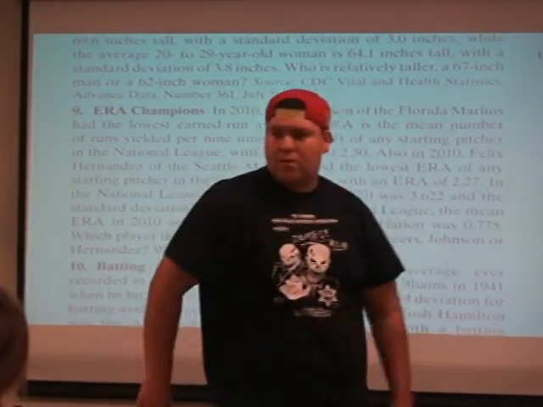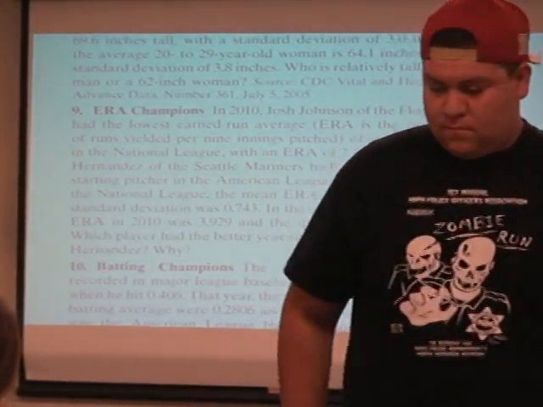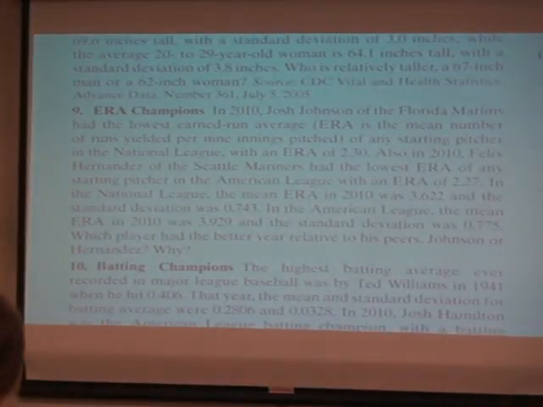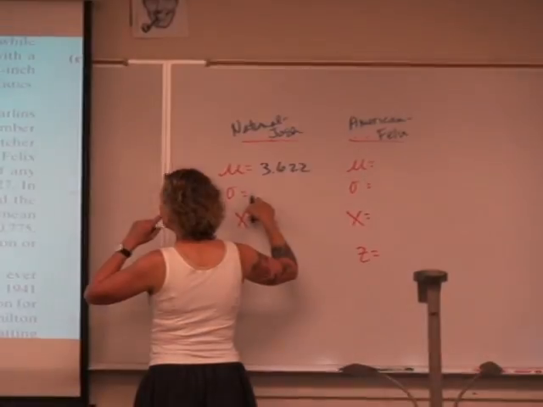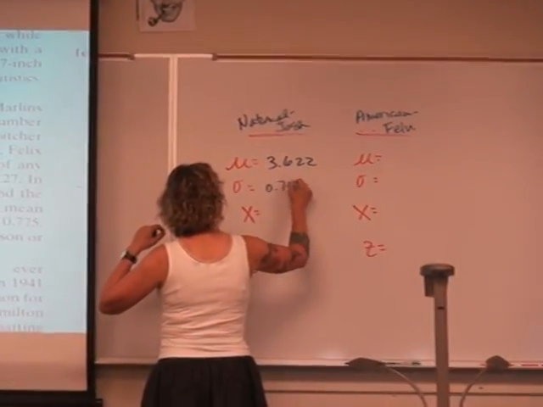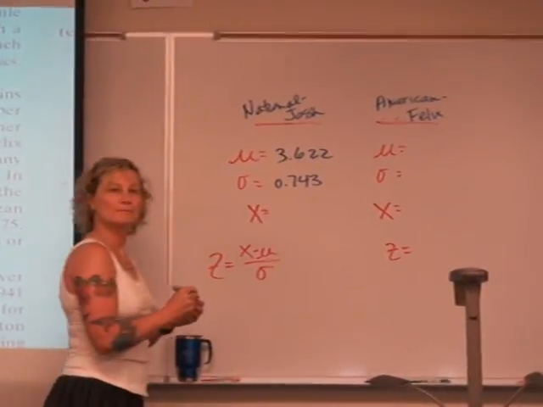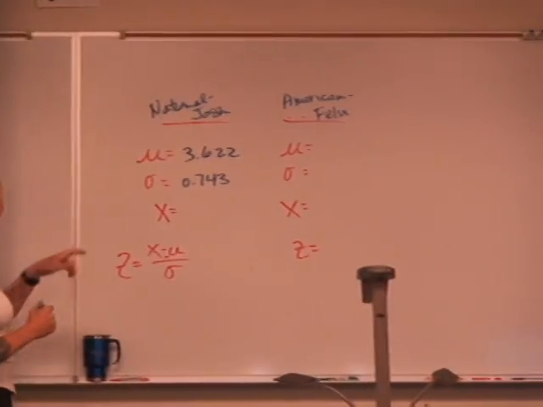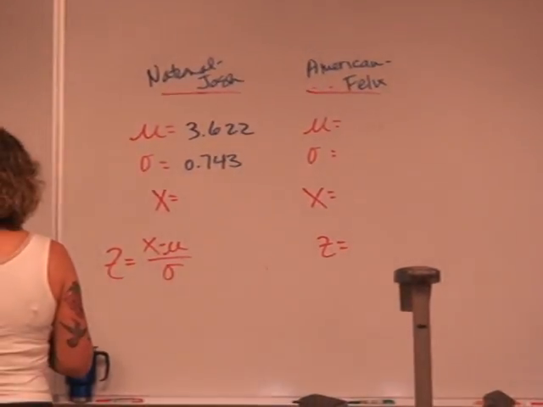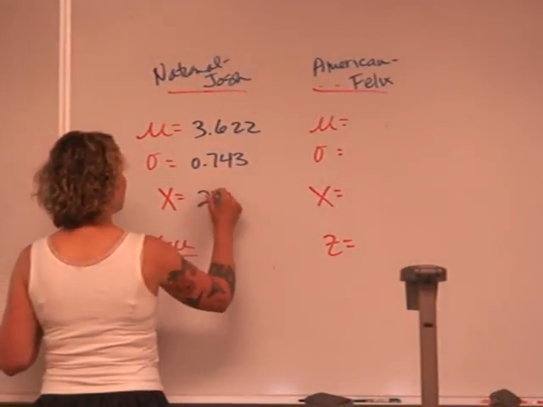Okay, in the national league, what was the mean? 3.622. Cool, what was the standard deviation? 0.743, everyone agree? And what was Josh's ERA? 2.30?